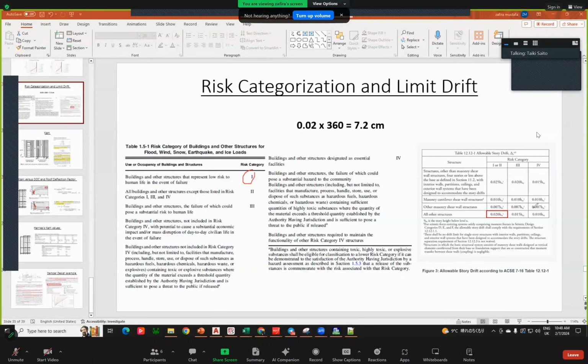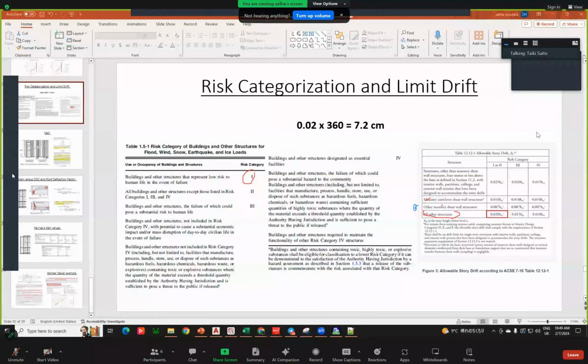But is it a building with a shear wall or just a moment resisting frame? It says this is for structures other than masonry shear wall, and this is a normal structure. This one is for masonry, and this one is also other than masonry wall. It might be this one?